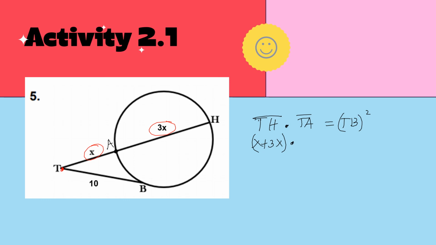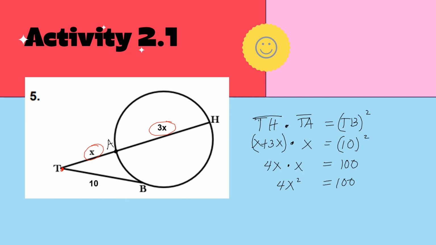Times, TA is X. Equals, TB naman is 10. And then, of course, is square yan. So, x plus 3x is 4x times x equals 10 squared means 10 times 10, that is 100. 4x times x is 4x squared equals 100.